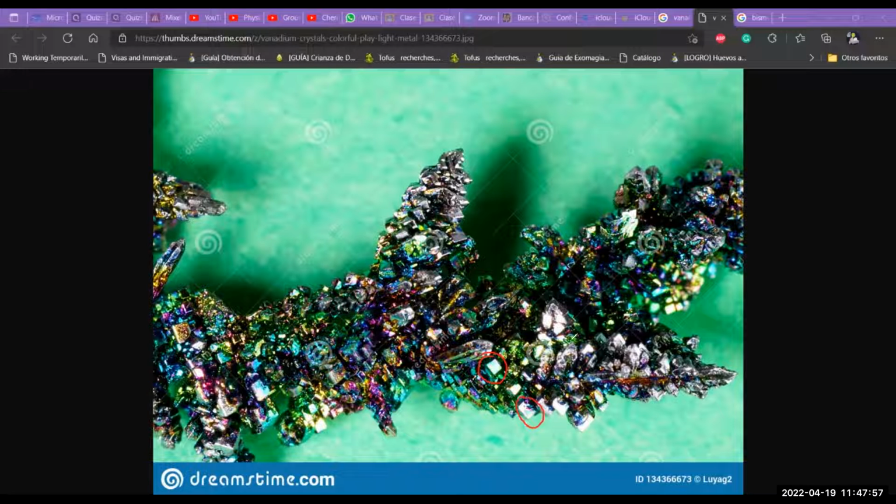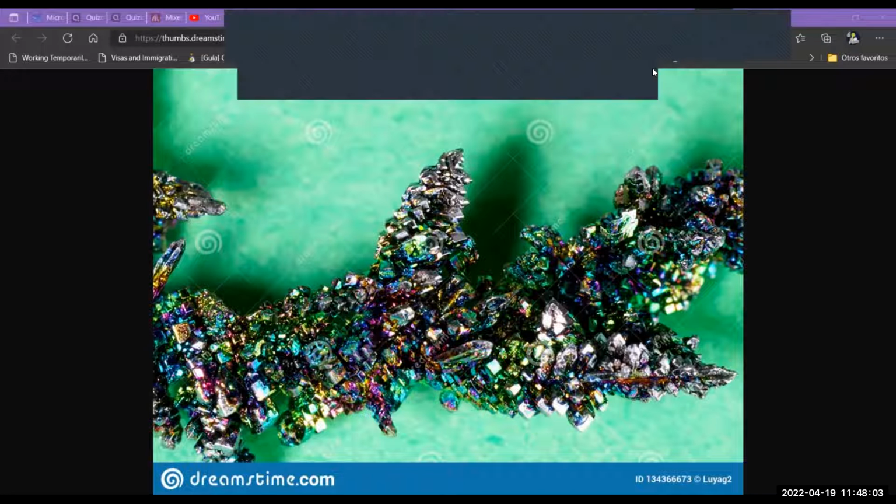Also this one. These beautiful shapes are because of the crystallization that vanadium has. And the variety of colors, as you can see, goes from blue, violet, green, yellow, green. You can see a variety of colors.